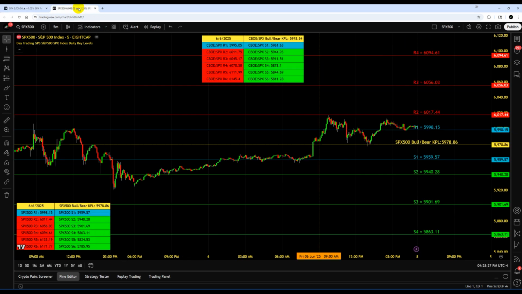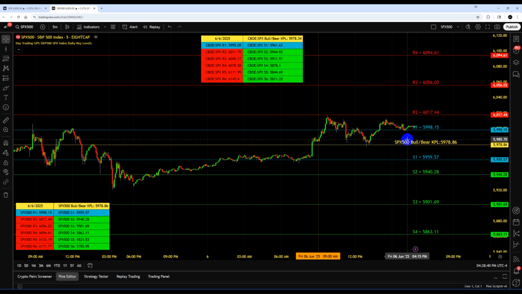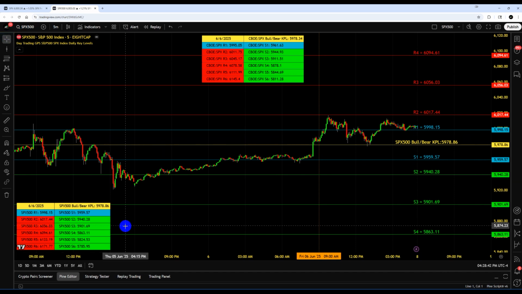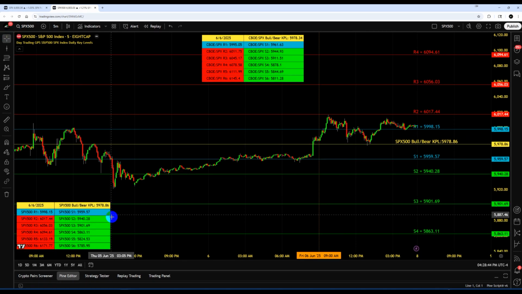However, the SPX 500 8 cap is open like futures are during the pre-market. So it is able to show the levels for the SPX 500 while it's on the SPX 500 chart, which are these levels here in this table here for SPX 500.